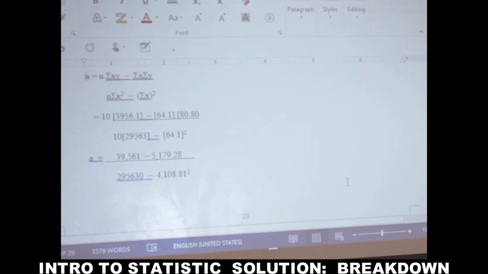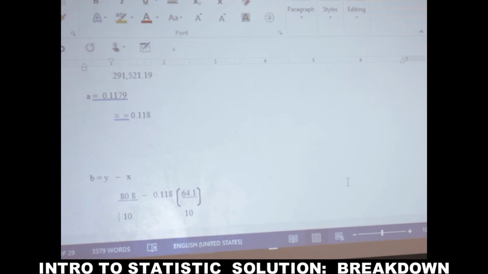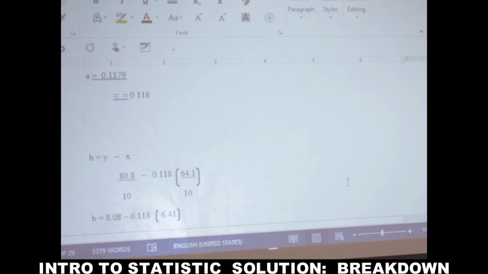Your final answer for b will be 0.1179. If you approximate, you have 0.118. But for the a of it, you have y bar minus b times x bar. That is 80.8 divided by 10 minus 0.118 open bracket 64.1 divided by 10.